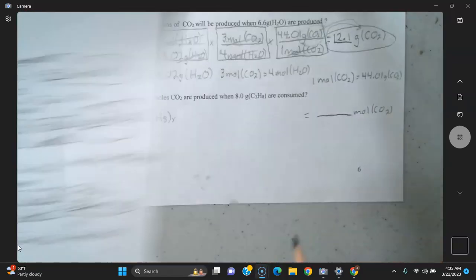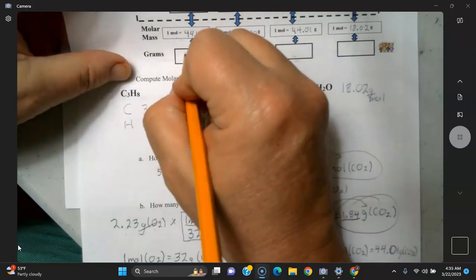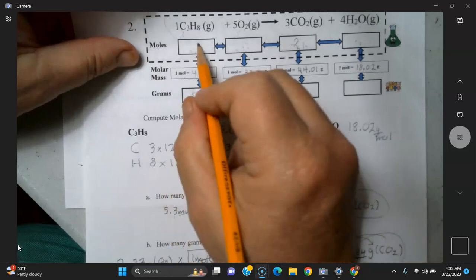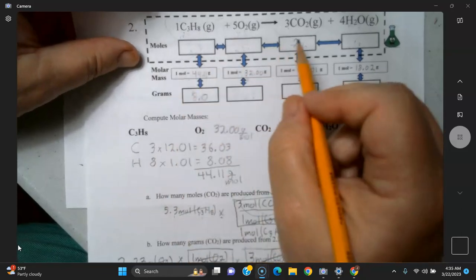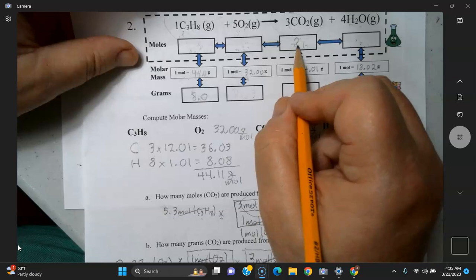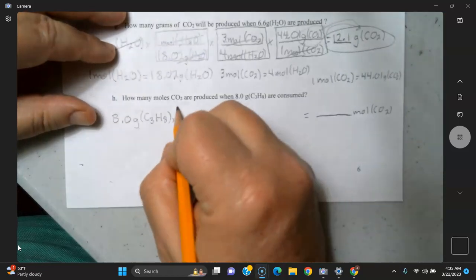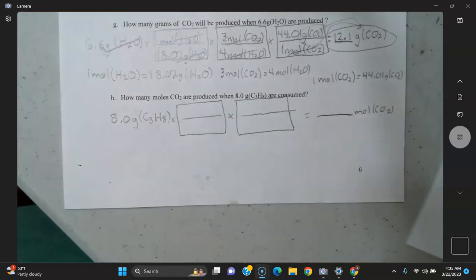Moles of CO2 is up here, it's a question mark, and grams of C3H8 is here. Very similar to an earlier problem. Okay, so we've got to come up through molar mass of C3H8 and over to moles of CO2. So that's our first equivalency. And we're going to need 2 conversions.